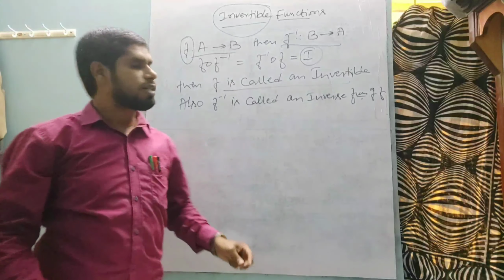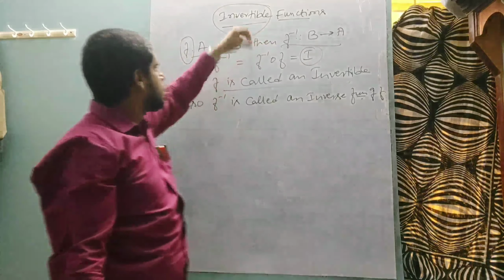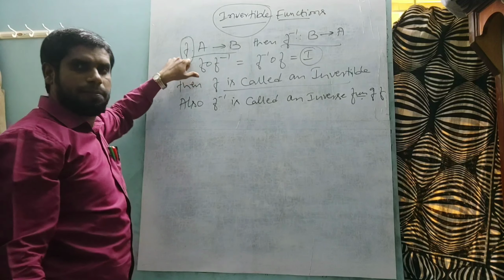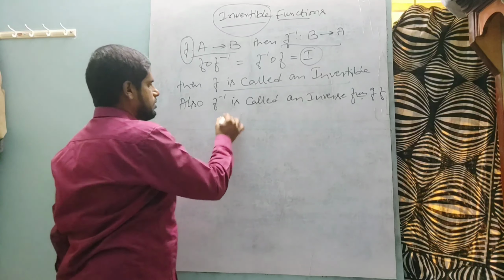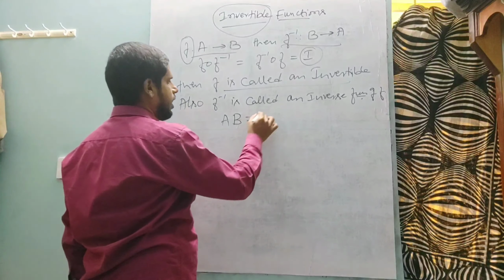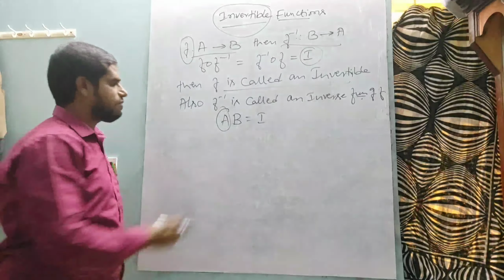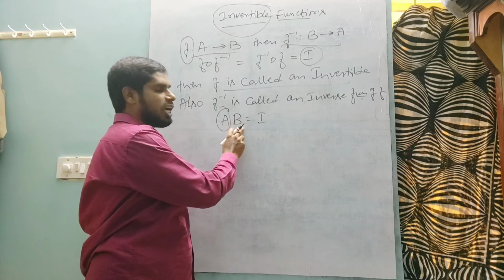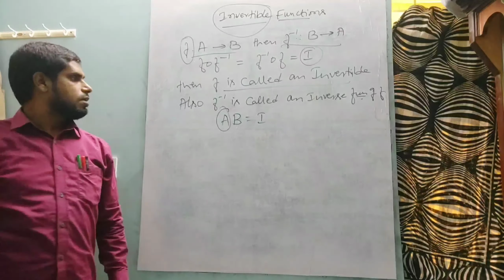This concept is not only in functions, it will come in matrices also in future. If I have A and I take B, and I multiply A with B and the answer is I, then A is called invertible, and the second one is obviously its inverse.